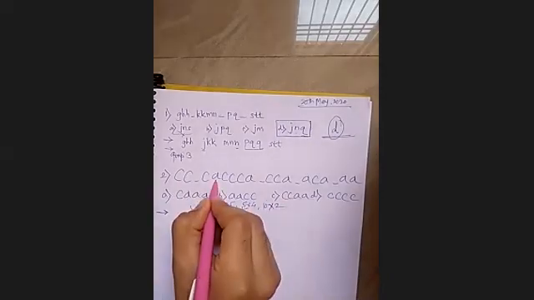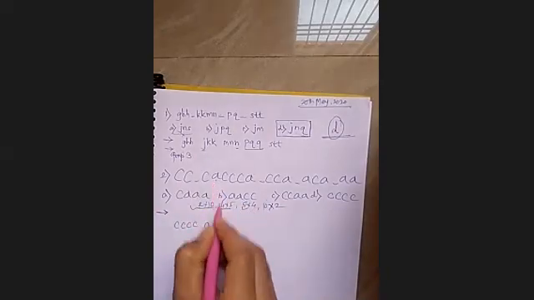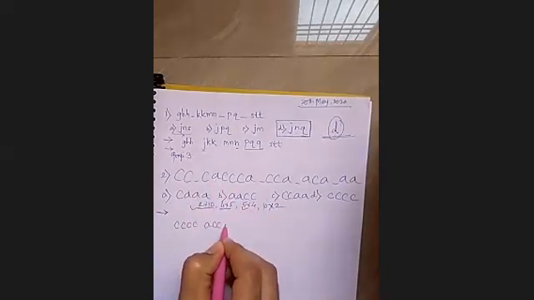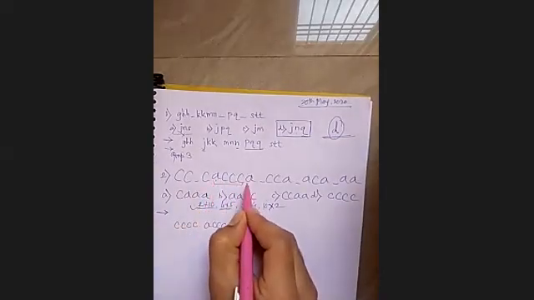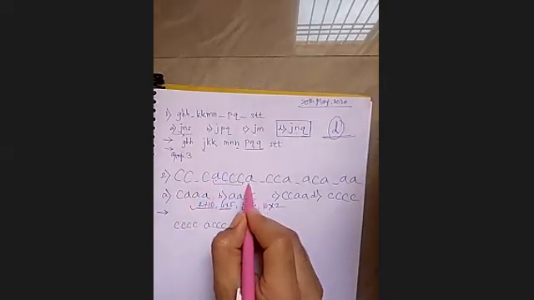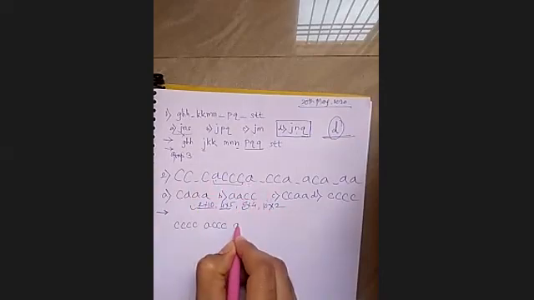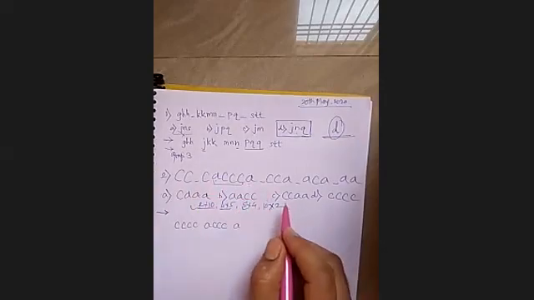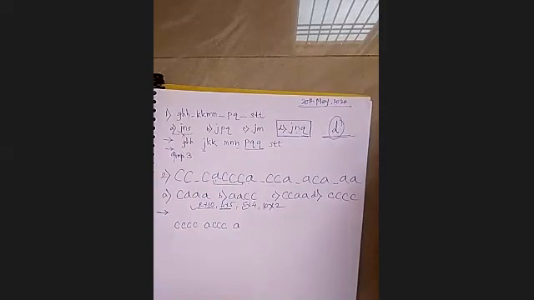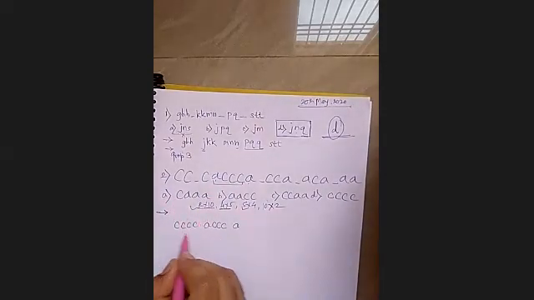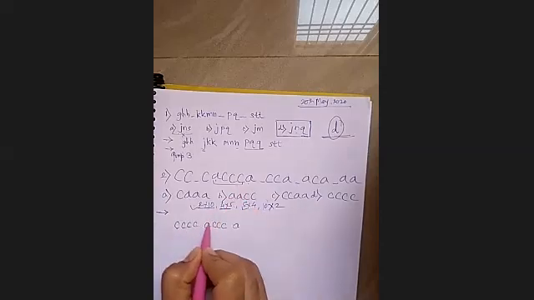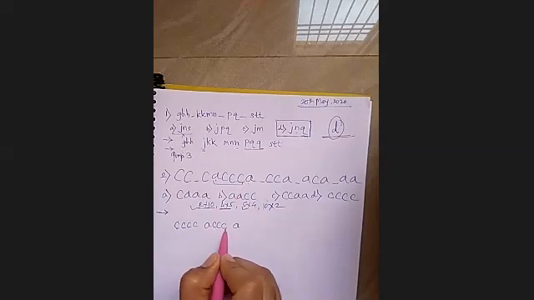Next, here it is now A, C, C, C. Now next here is A, so I will write A. Now I have to go with the option. I got that C, C, C. So one C is being replaced, 3 are there.